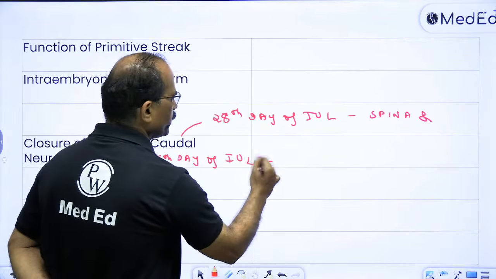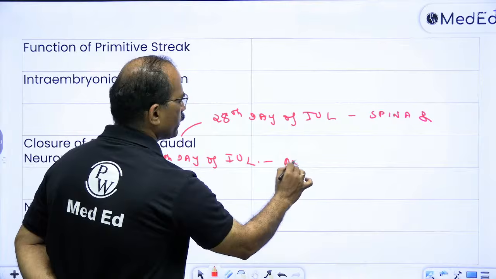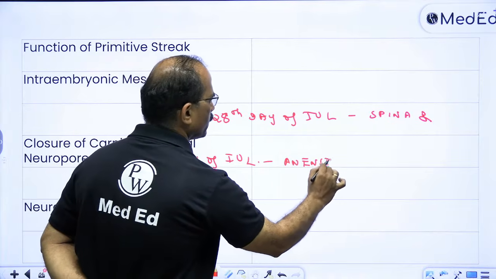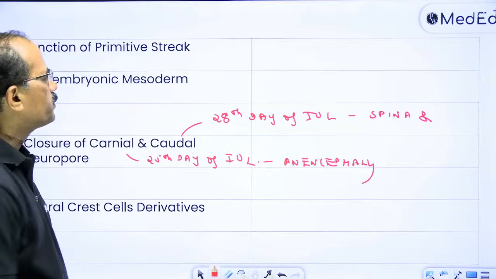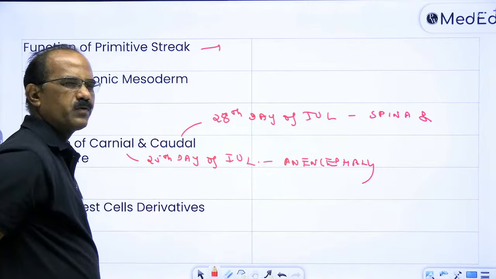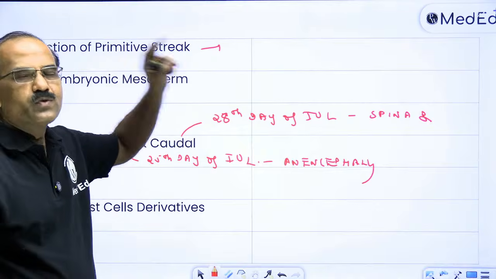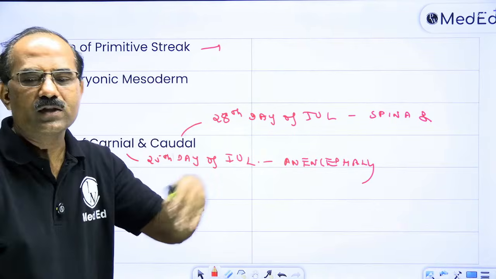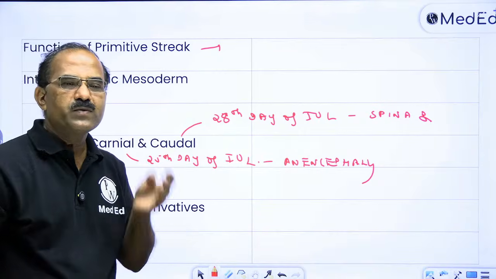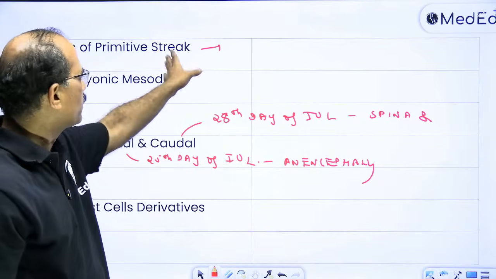If the cranial neuropore does not close, anencephaly. Function of primitive streak is formation of 3 germ layers. If the primitive streak does not degenerate, it results in sacrococcygeal teratoma.